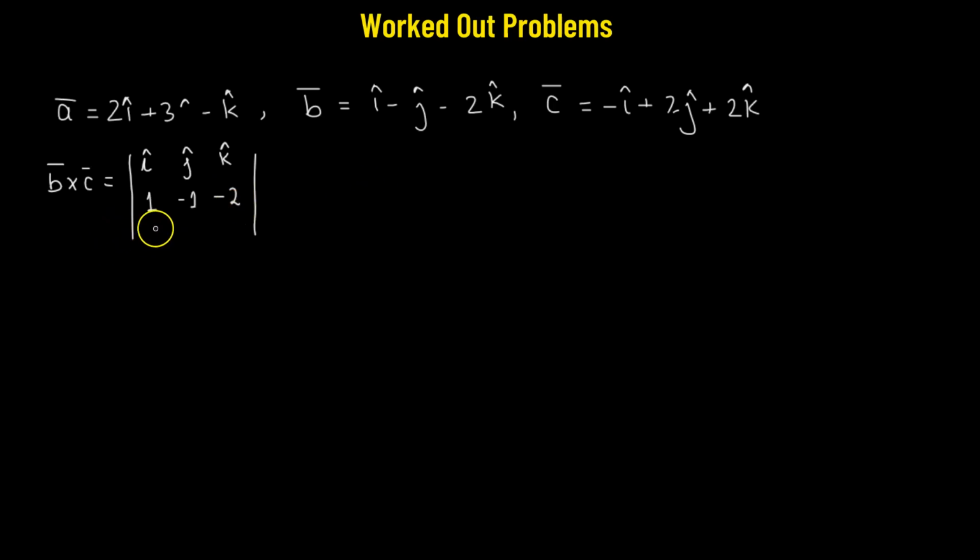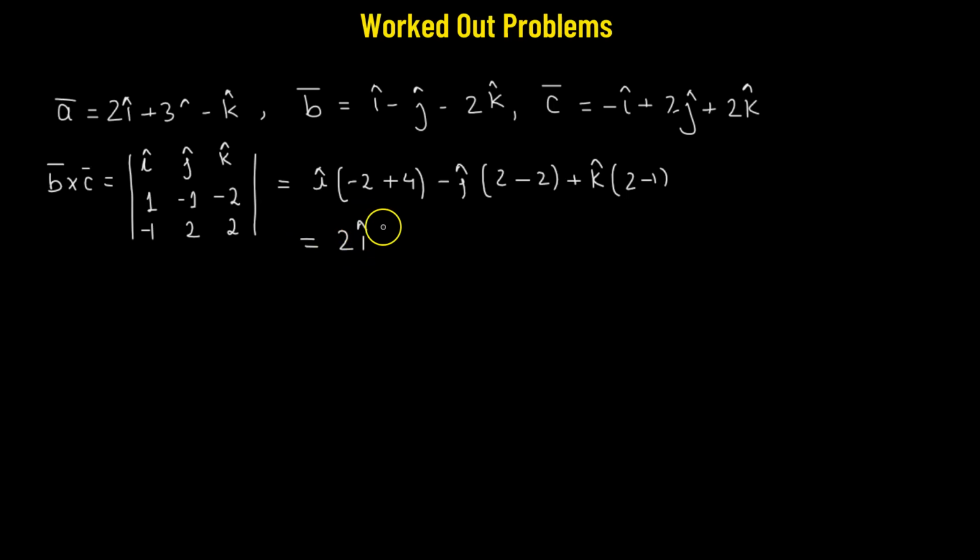And in the third row, the components of vector c: negative 1, 2, 2. Expanding along the first row, we have i cap multiplied by negative 1 times 2, so negative 2, plus 4, minus j cap times 2 minus 2, plus k cap times 2 minus 1. Solving this, we get 2 i cap minus 0 j cap plus k cap. So this is the value of vector b cross c.